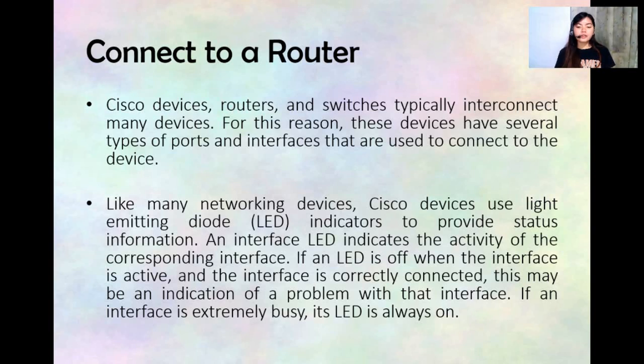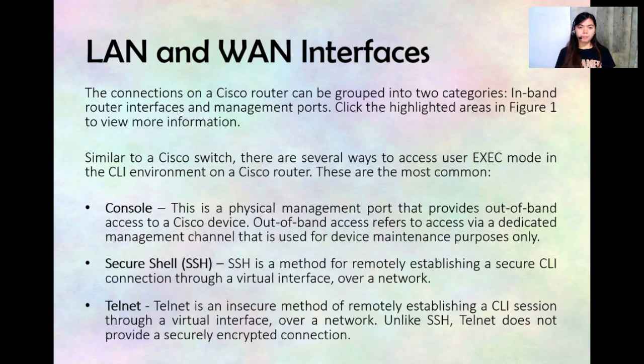An interface LED indicates the activity of the corresponding interface. If an LED is off when the interface is active and the interface is correctly connected, this may be an indication of a problem with that interface. If an interface is extremely busy, its LED is always on.